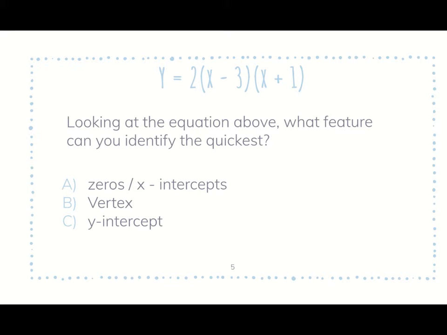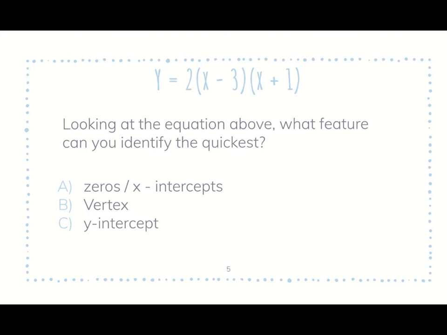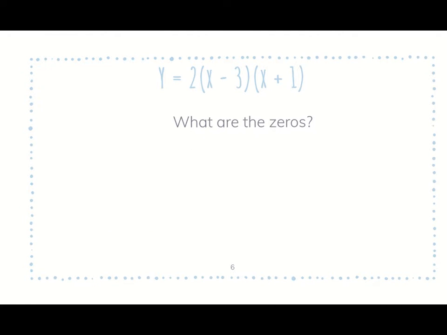Hopefully you selected A, the zeros. Factored form most easily allows us to figure out what the zeros, or the x-intercepts, are. That is the one nice thing about factored form: it quickly allows us to find the zeros.